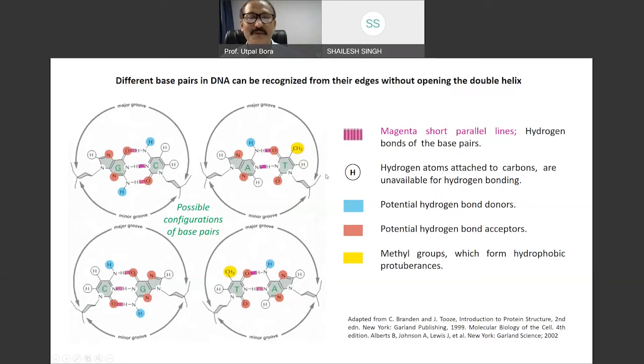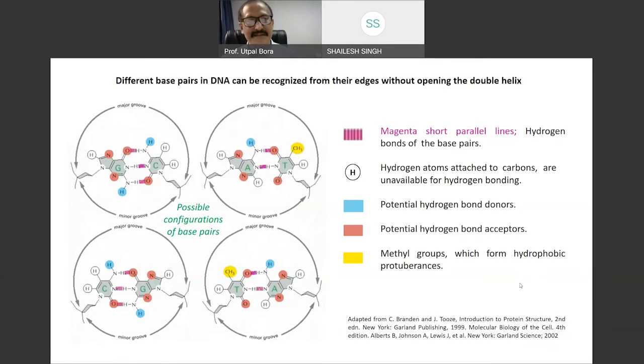So they don't have any role in the protein interaction. And then there are potential hydrogen bond donors and acceptors, as you already know, and methyl groups, which form hydrophobic protuberances.